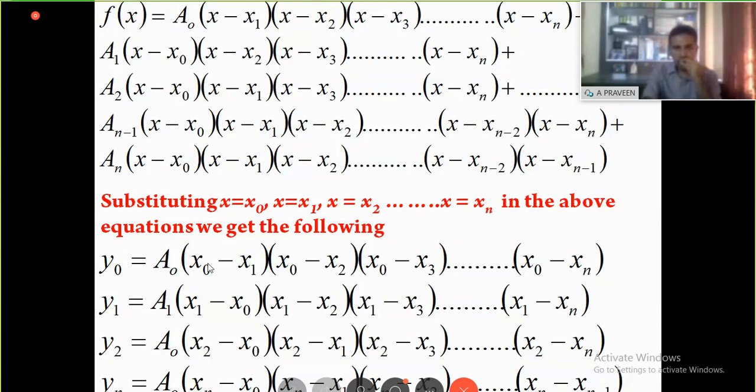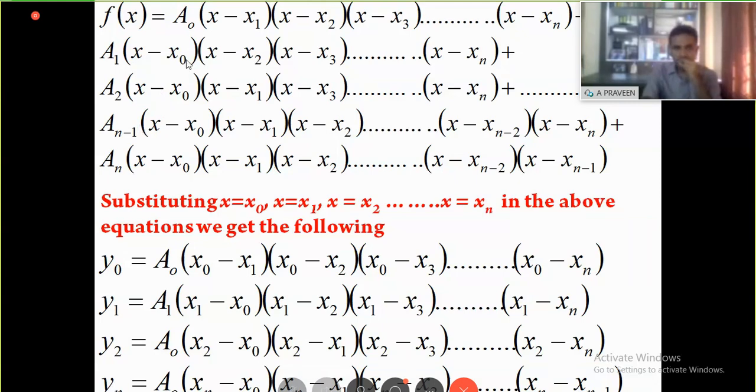If I substitute x equal to x0 into this, you see here there is no x0 remaining on the right. Look at this a1 into x minus x0. The moment I drop x0 for x, this entire thing will vanish. The same happens for each of the other terms.